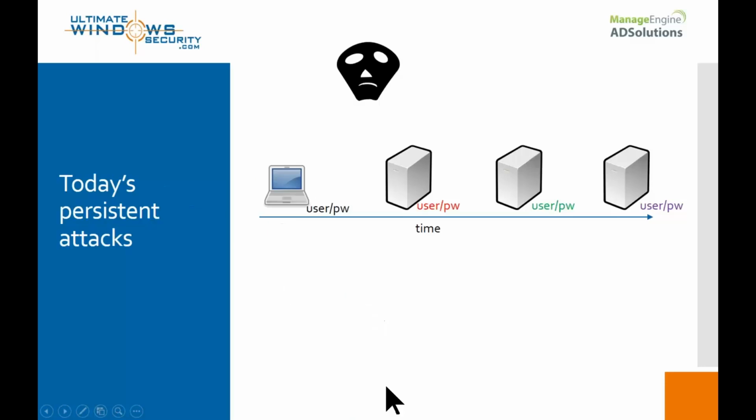All right, so today's persistent attacks, right? The bad guy usually starts off with somebody's workstation, and through a phishing attack or a drive-by download or something like that. On that workstation, the bad guy is usually able to get at least that user's credentials. That's usually pretty simple. And then from there, tries different methods to extend his kill chain into other systems on the network.